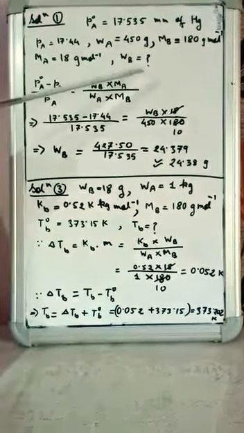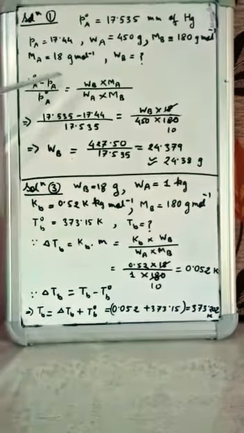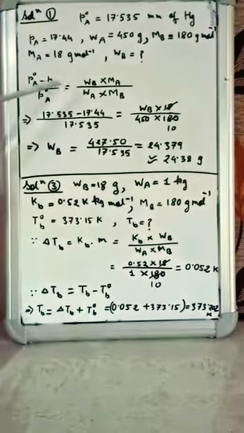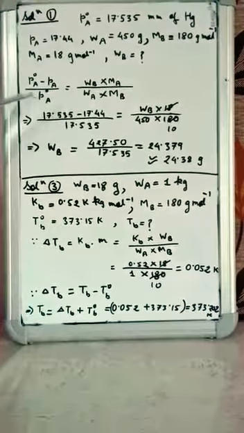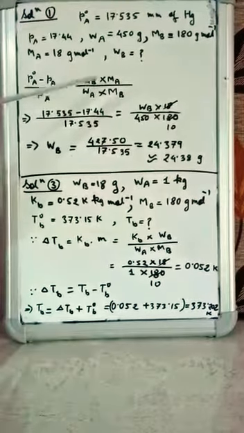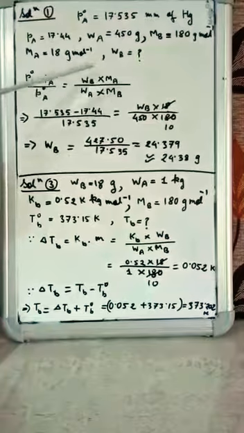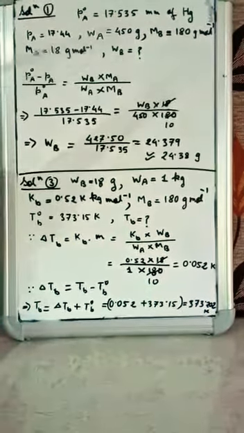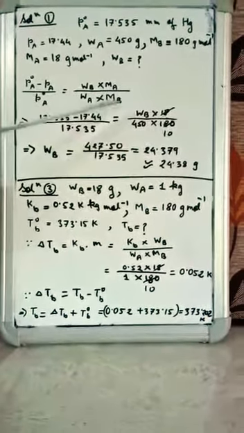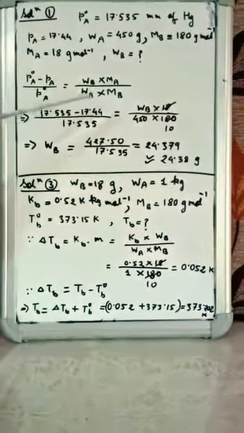So WB we have to find out, and we have to use the formula P naught A minus PA, instead of PA you can write down PS also, because the values are same, divided by P naught A equals to what? The formula is WB into MA divided by WA into MB, where WB you have to calculate, MA is the molar mass of the solvent, MB is the molar mass of the solute, and WA is the given mass of the solvent, isn't it?